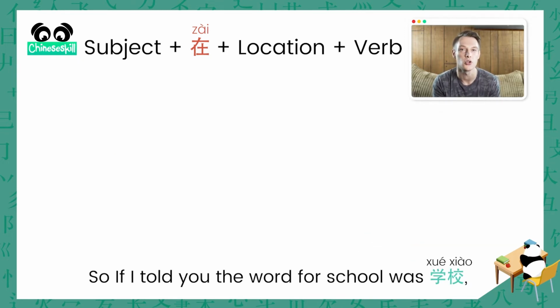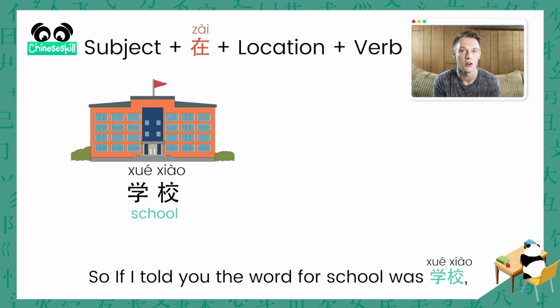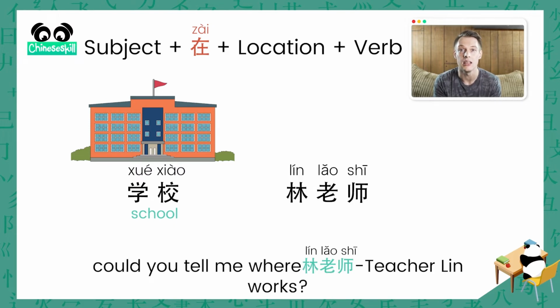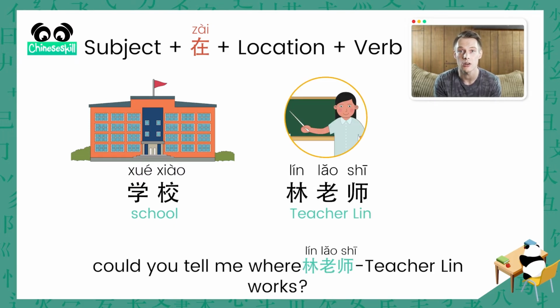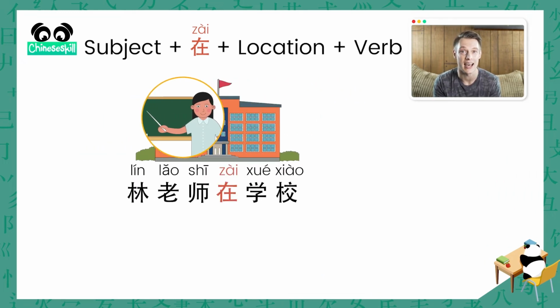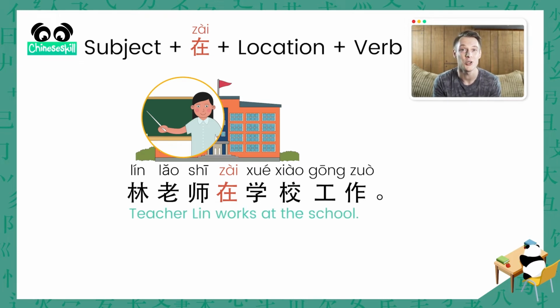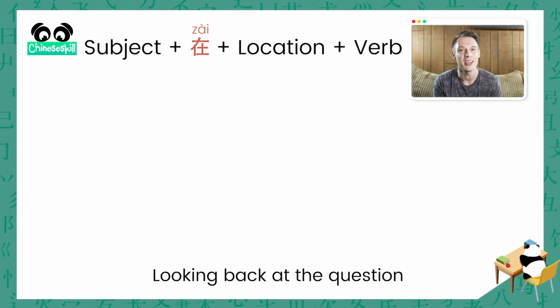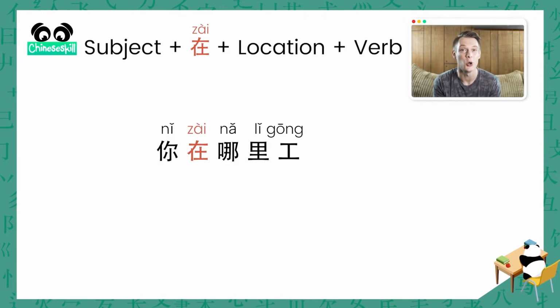So if I told you the word for school was 学校, could you tell me where 林老师, teacher Lin, works? 林老师在学校工作. Teacher Lin works at the school. Good job.